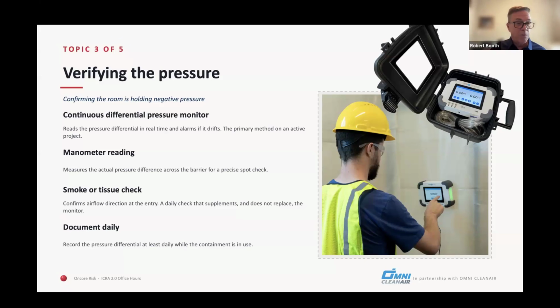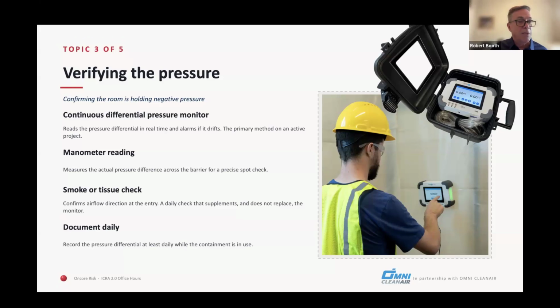I like the continuous because then I have no question about it. And if it alarms, it tells the engineer or somebody that's monitoring, the PM or the project manager, that there's an issue, and then there's no case about it. If I do a 1-day manometer reading or a magnehelic, then I don't know if that happened 24/7 or was just at that moment in time.